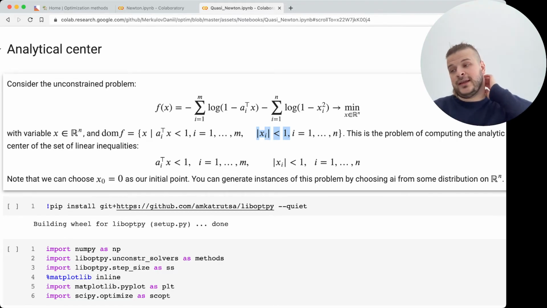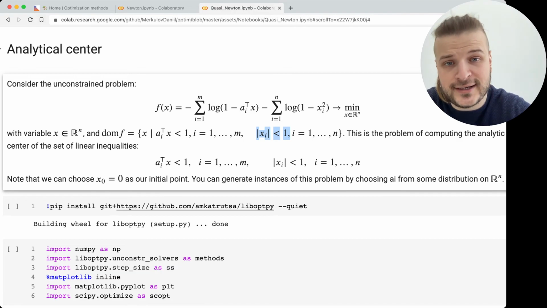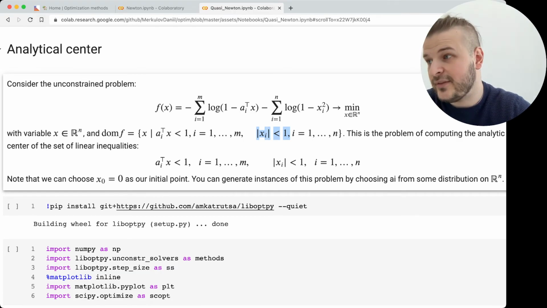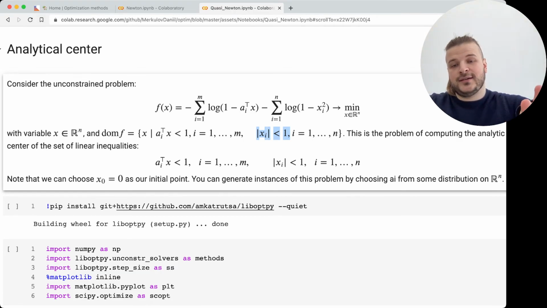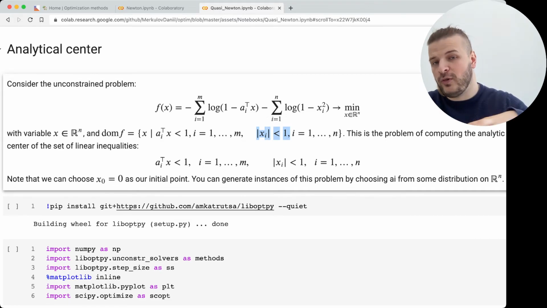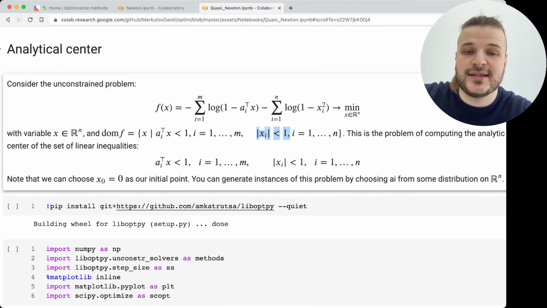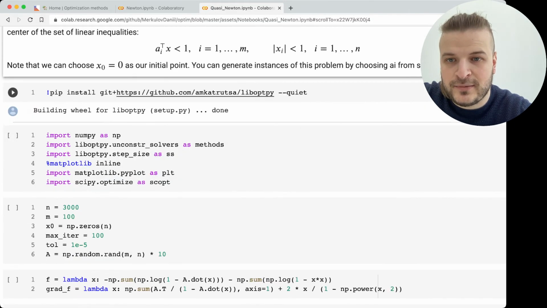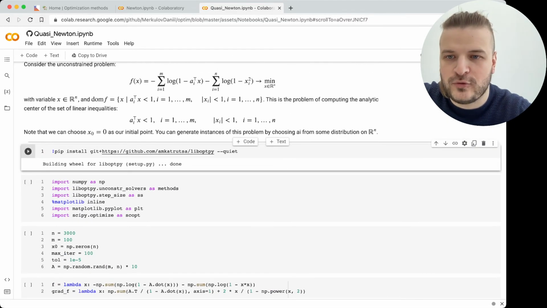You can write down these logarithmic barriers here, and that means that you'll have an optimum point which is equally distributed from all the borders in some sense. That's why this problem is posed in this form.